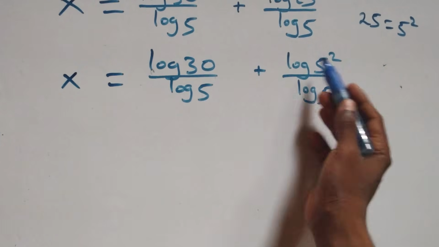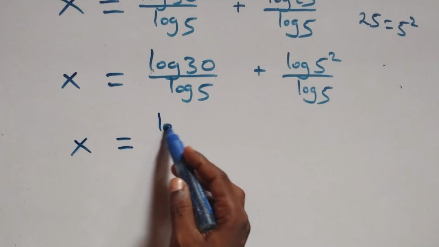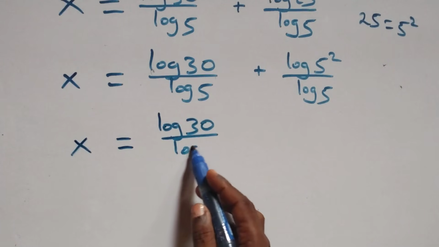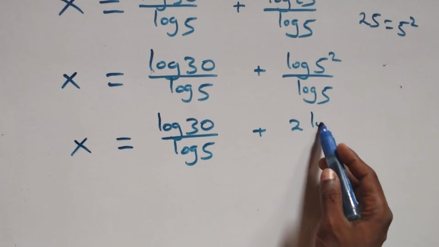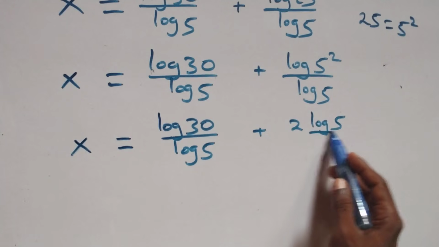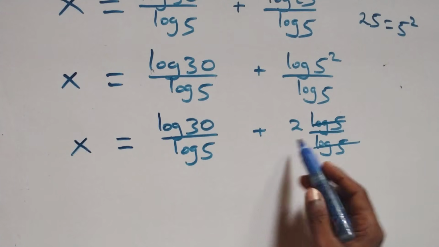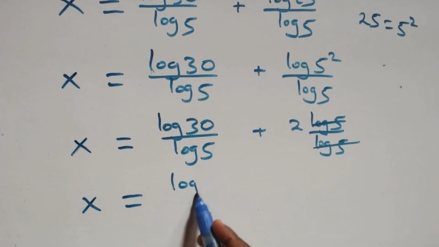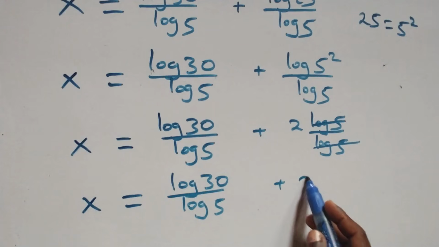That is, 2 comes here and we have x equals log 30 over log 5 plus 2 log 5 over log 5. Here we have log 5 cancel each other, 2 left here. That is, x equals log 30 over log 5 plus 2.